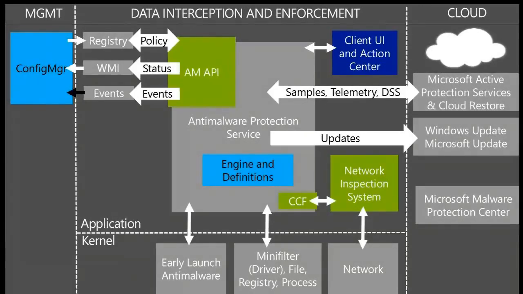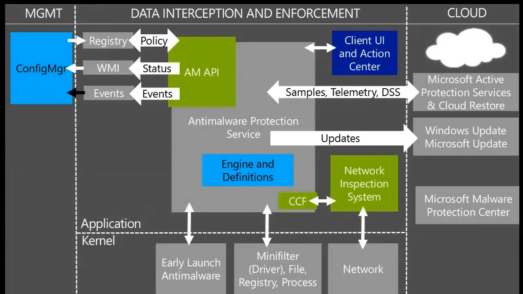On the right-hand side of the screen, under Cloud, is where all the servicing of the client takes place. The line that says Samples, Telemetry, DSS. DSS there is Dynamic Signature Service.